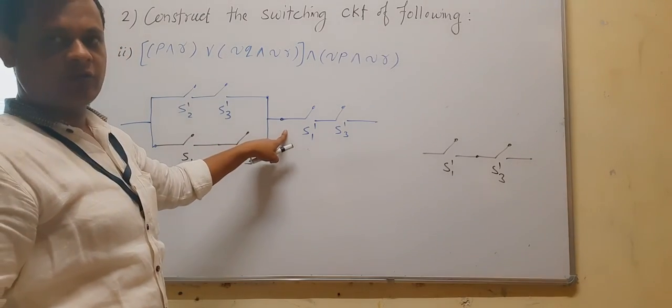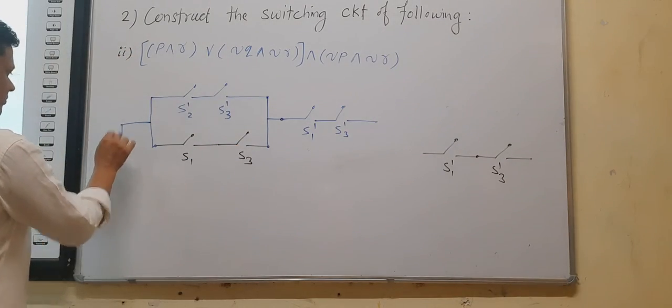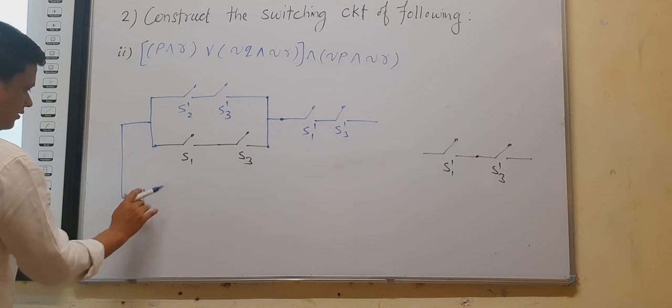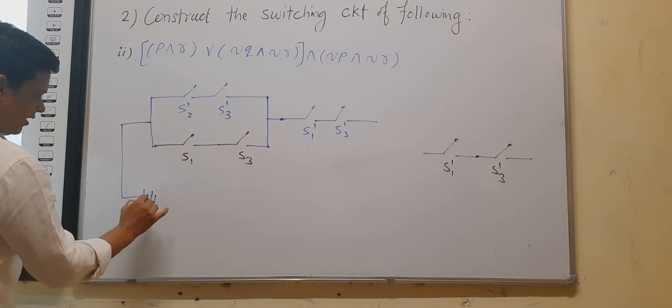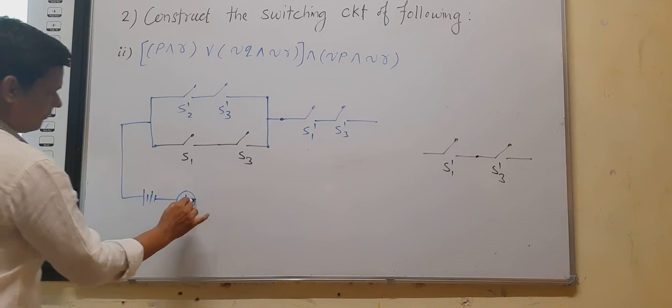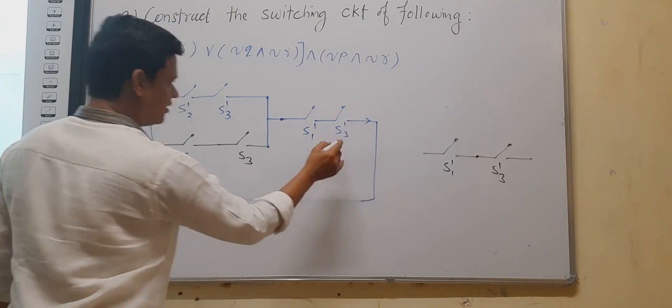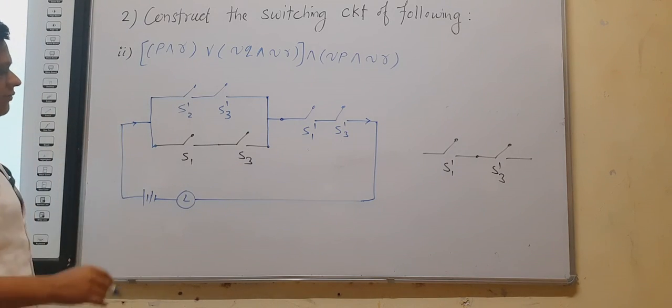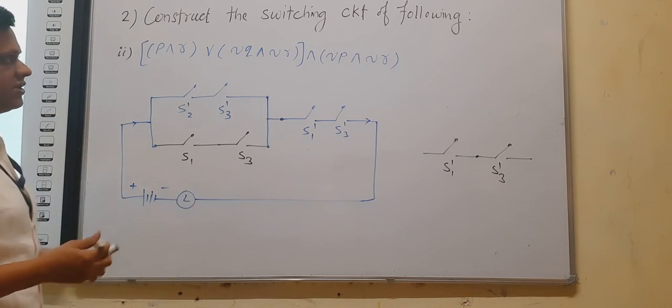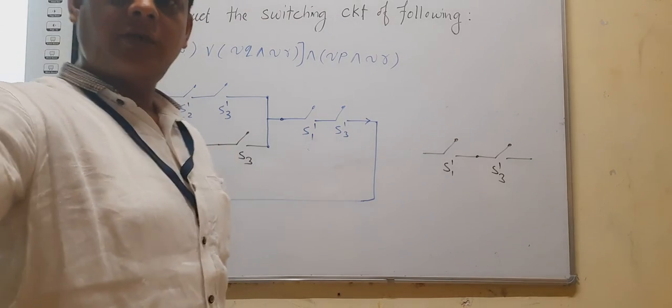So after connecting the battery and lamp, this will be our complete switching circuit. In this way we construct switching circuits from the given symbolic forms.